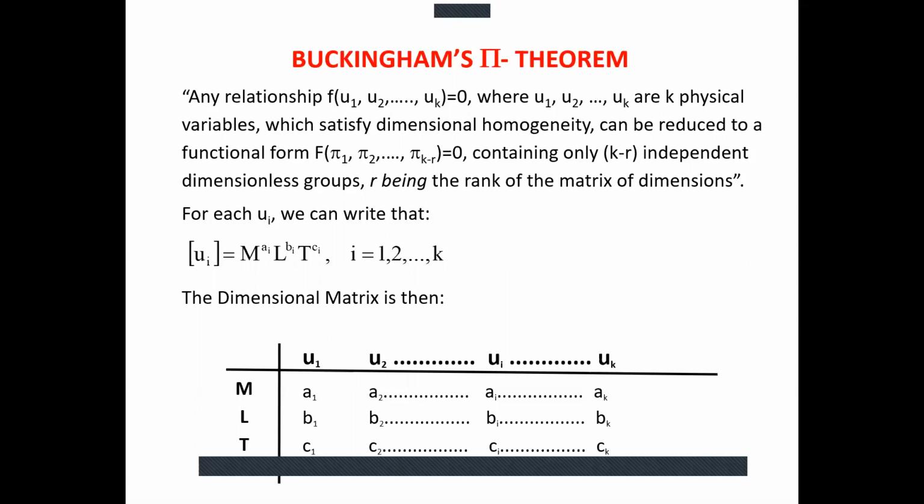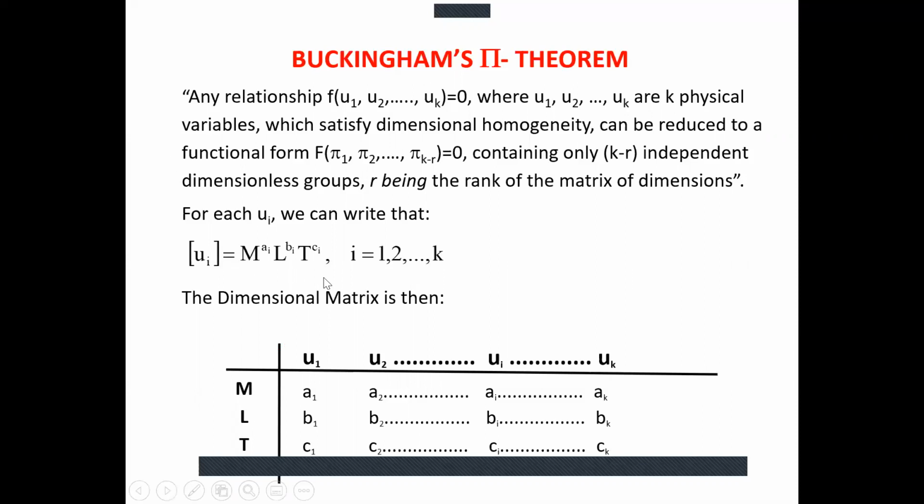For example, if we have all three main dimensions M, L, T in our system, r will be 3. If we just have mass and length in our problem, if it is independent of time and we don't have anything related to time, r in that problem will be just 2.